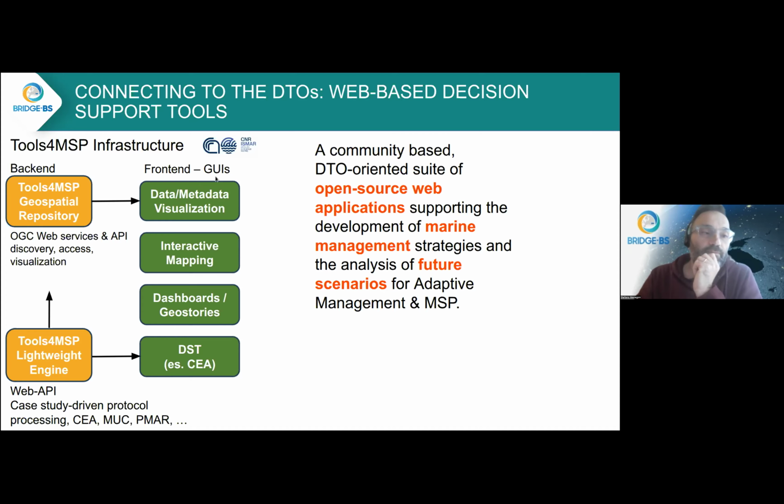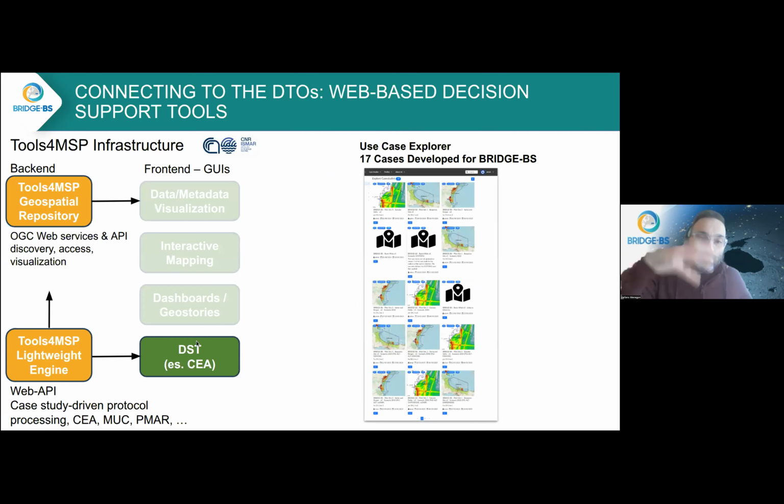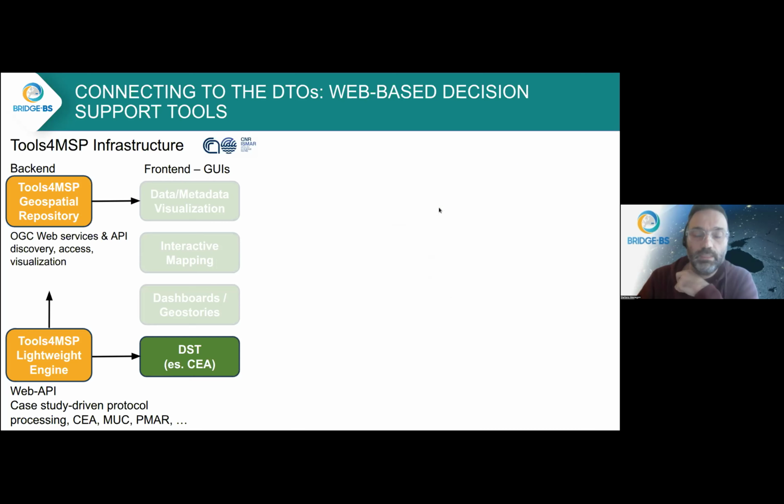And then we have different front ends for data visualization, interactive mapping, but especially a decision support tool front end. And this is the way the result of the tool that we have consolidated in this project. So this is the interface to explore the already 17 use case scenarios that we developed for the Black Sea.